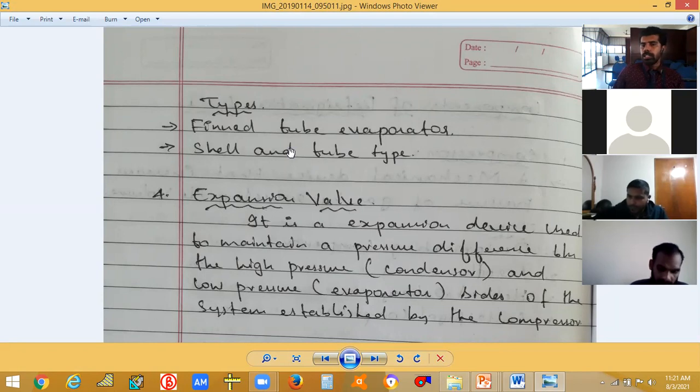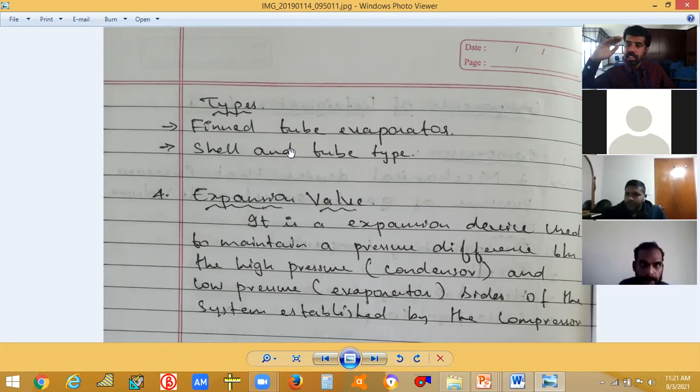What do you mean by fins? Have you seen fins? Does anyone have any idea about fins? Have you seen the radiators? Radiators, bus radiators, or for example, in your bike also, on the side there are tubes, and through those tubes there are small thin sheets which are fixed.